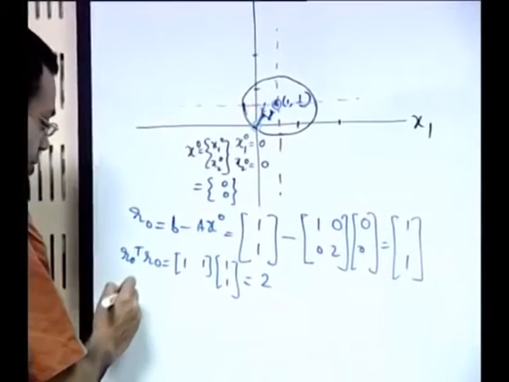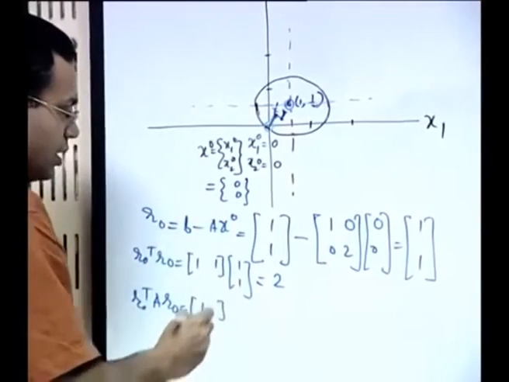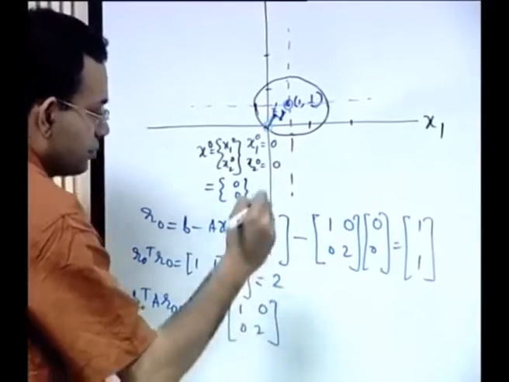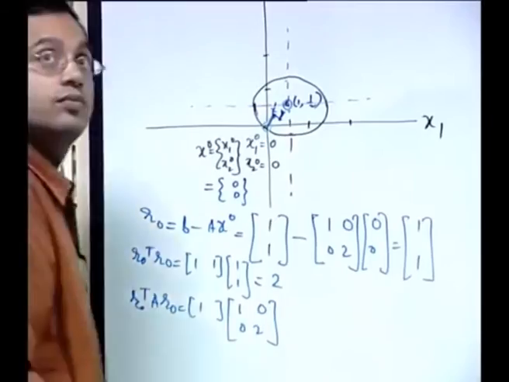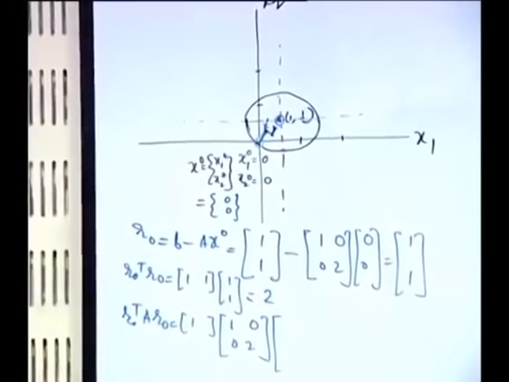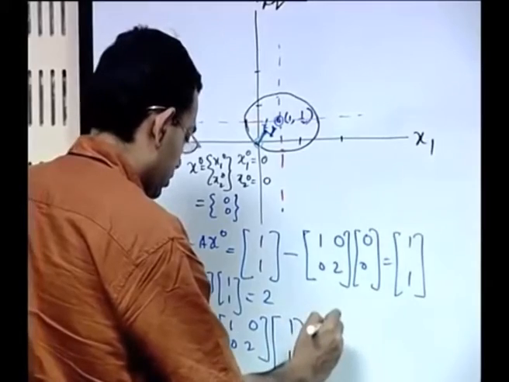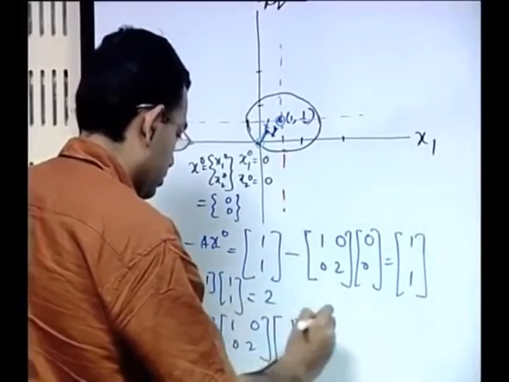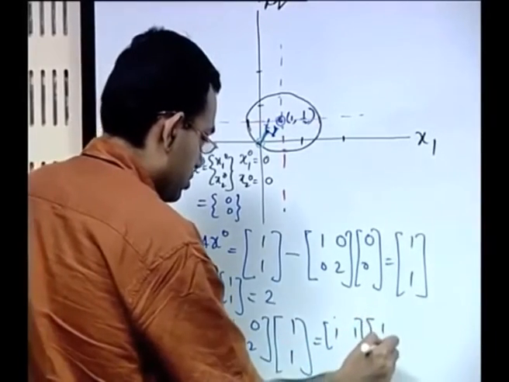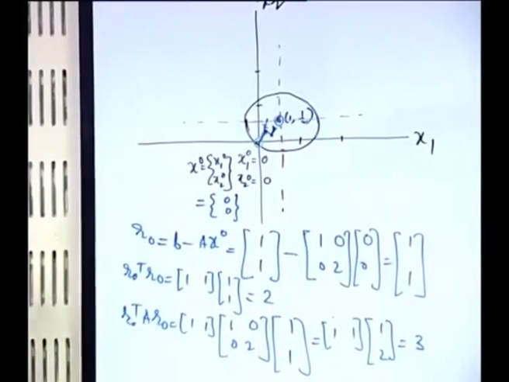Then R0 transpose AR0. A is 1 0 0 2 into R0. So 1, then it becomes 3. So what is alpha 0?